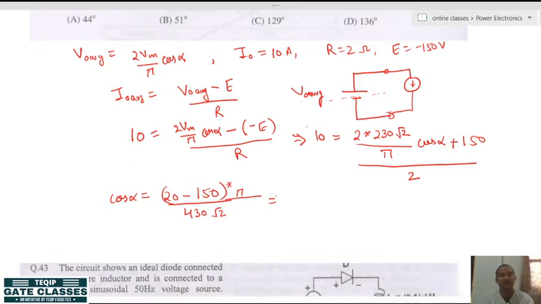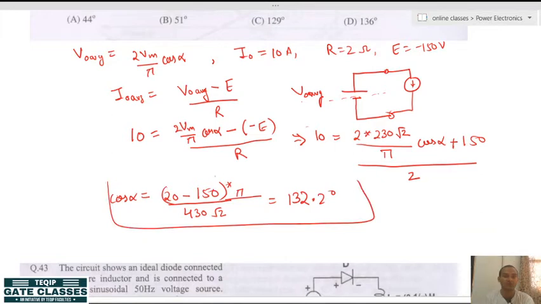Yes, if you take the cos inverse, it comes approximately 132.2 degrees. Just calculate it, it is coming around this value, 132.2 degrees.